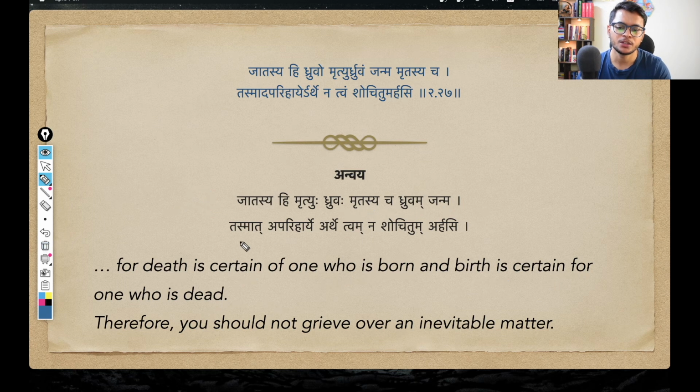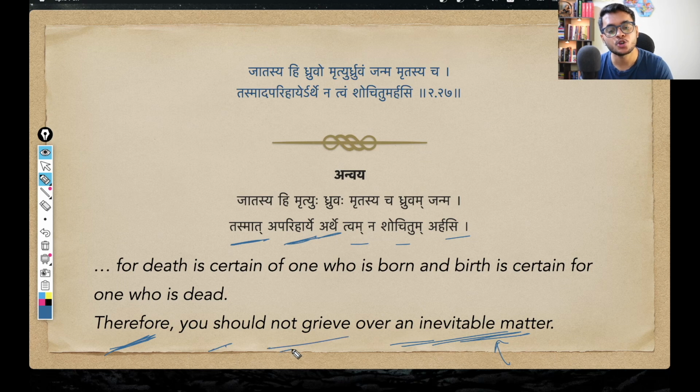And then he continues that tasmat. Tasmat is an indeclinable, that means therefore. So tasmat apariharye arthe, therefore over an inevitable matter, tvam na shochitum arhasi, you are not eligible to grieve. Basically meaning that you, Arjuna, should not grieve.